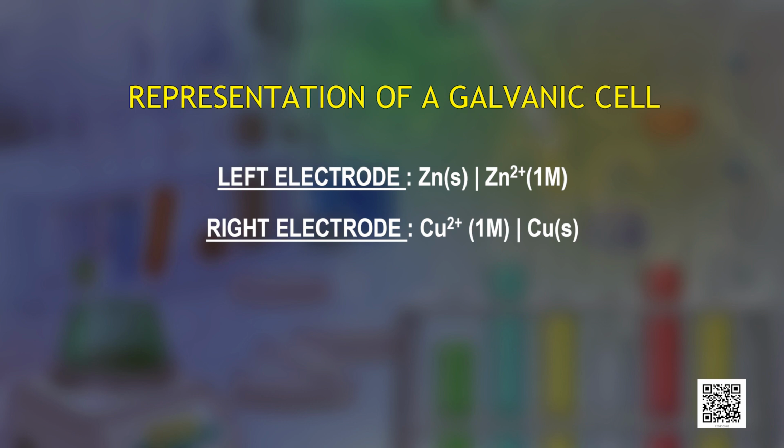Similarly, the metal ion in the reduction half cell is represented by its symbol along with its concentration, and this is followed by its metal electrode. They are separated by a vertical line. For copper electrode, we will write it as copper ions, 1 molar concentration, vertical line, copper.